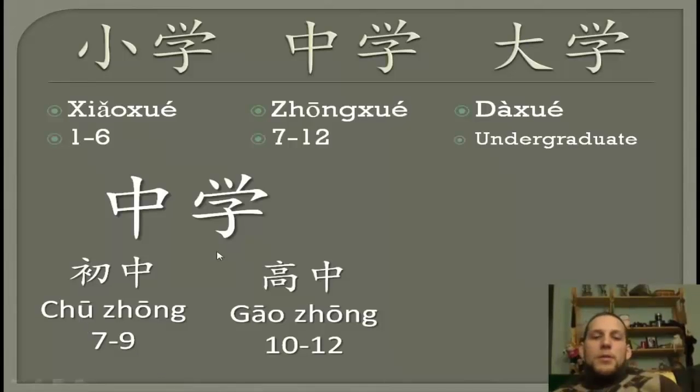So if you look at these, remember from the question before, 你上初几？This is the 初 for middle school. 中 is for 中学. If the question is 你上高几？The 高 here is for high school, and 中 is for 中学.